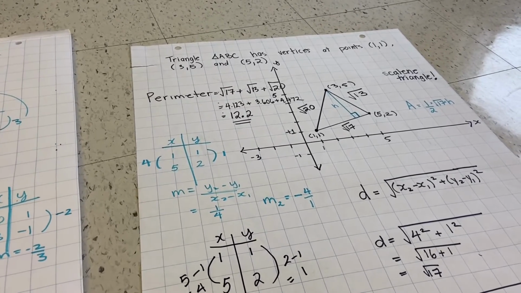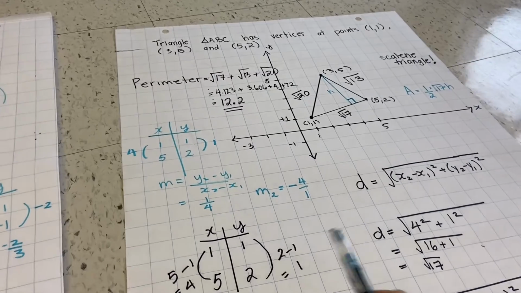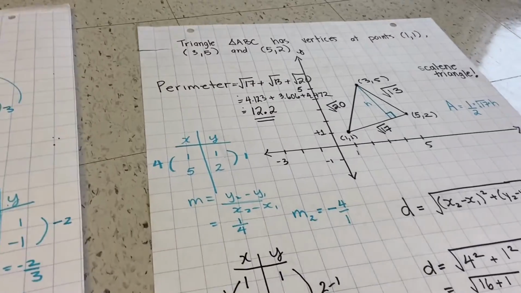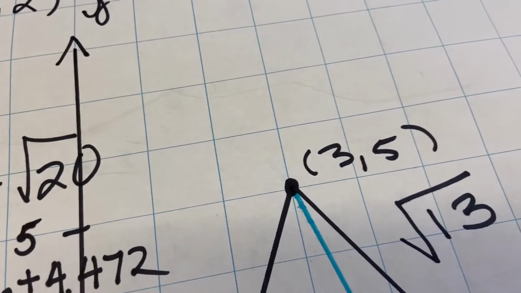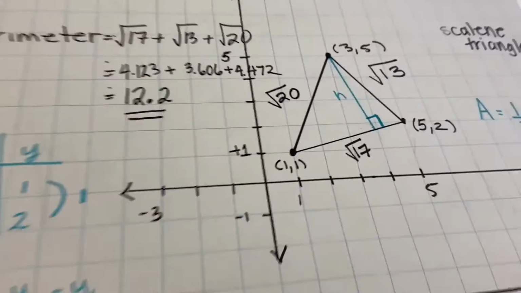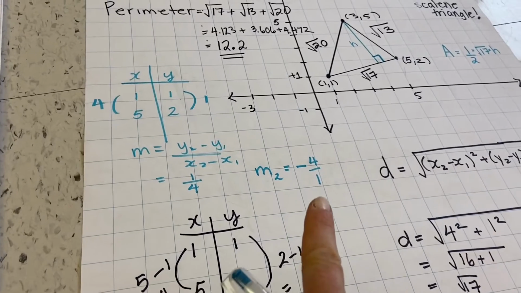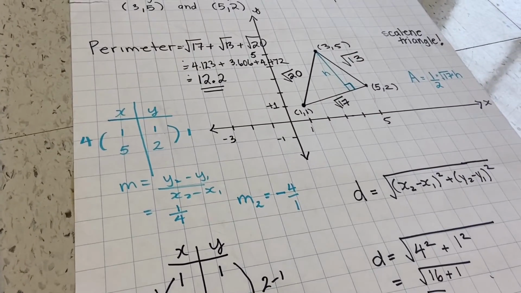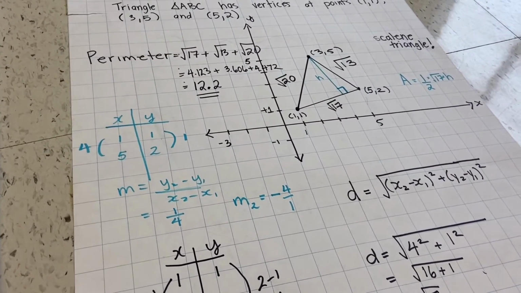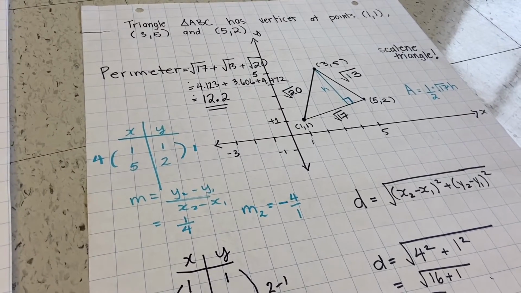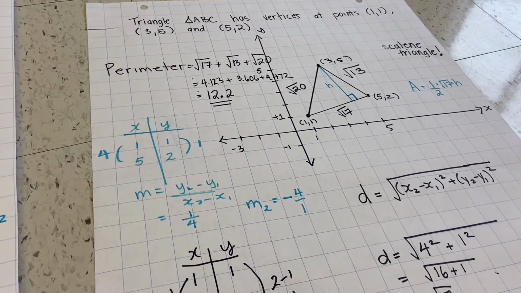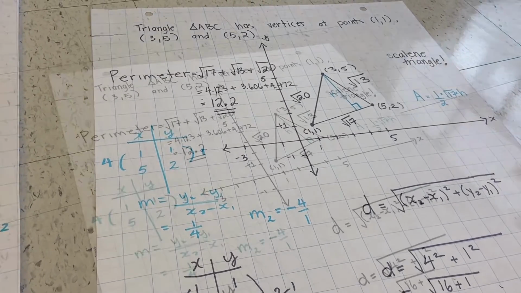So the blue line is going to have this slope, but I know that the blue line has to go through the point 3, 5. I've got this blue line, I know the slope, and I know it goes through that point. We've done this before. I'm going to move to my next piece of paper, and I'm going to do some math to find the equation of that blue line right now.